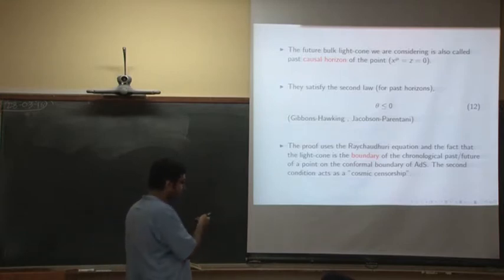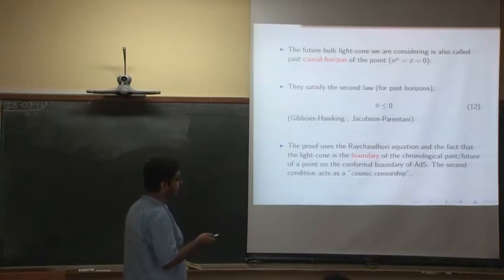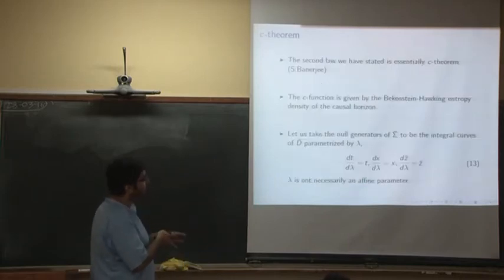Now, this uses the Raychaudhuri equation, and the fact that the light cone is the boundary of the chronological past or future of a point on the conformal boundary of AdS. The second condition acts as a cosmic censorship in this case.